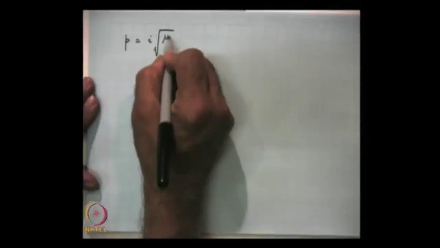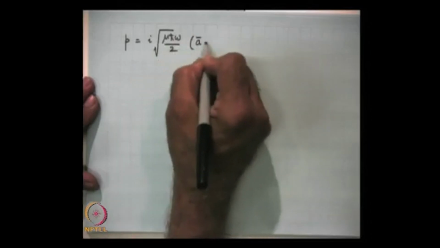P is equal to I under root of mu h cross omega by 2 times A bar minus A.